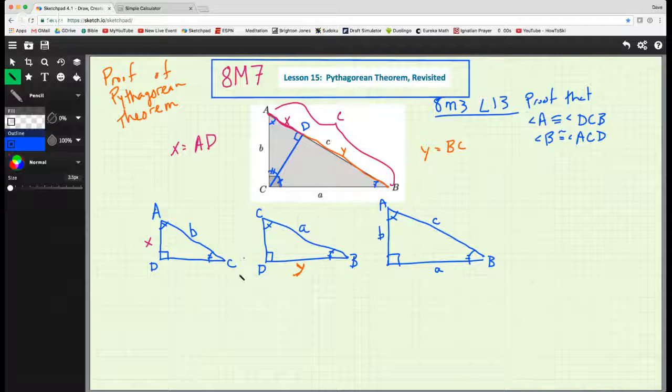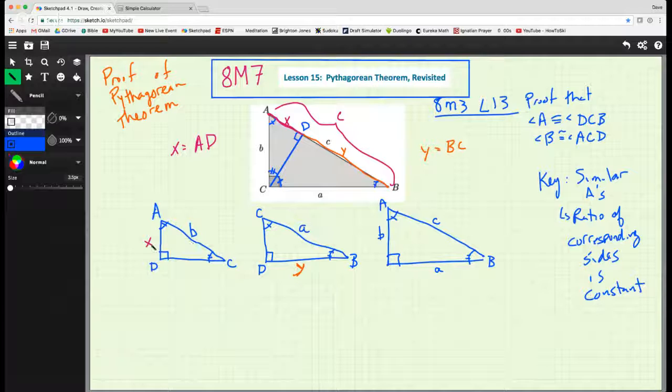I'm going to use my properties of similar triangles to show you some relationships that have to be true. Now, the key thing about similar triangles, I'm going to remind you, this is a building block, is that the ratio of corresponding sides is constant.